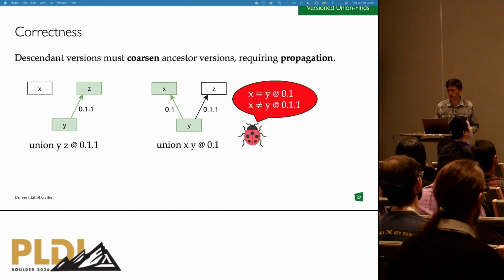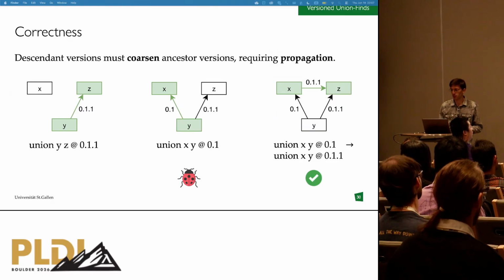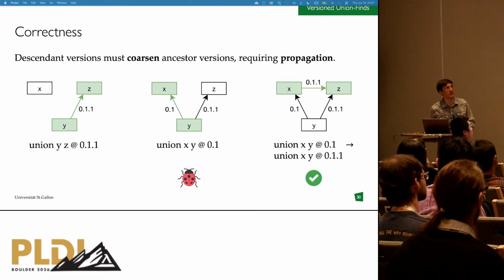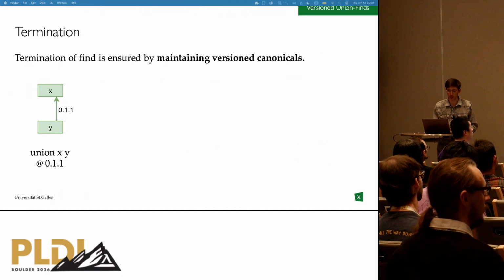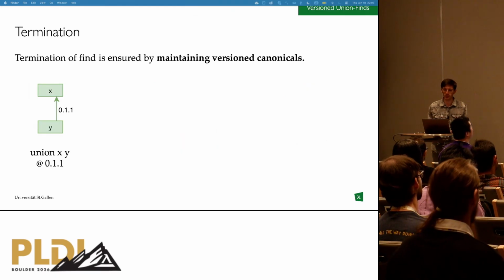So what I need to ensure is that every union at an ancestor actually implies unions at the descendants. So there is some process of propagation. And this propagation will add that additional edge, which ensures that x is equal to y at the descendant as well. And another problem is termination, which is actually related.